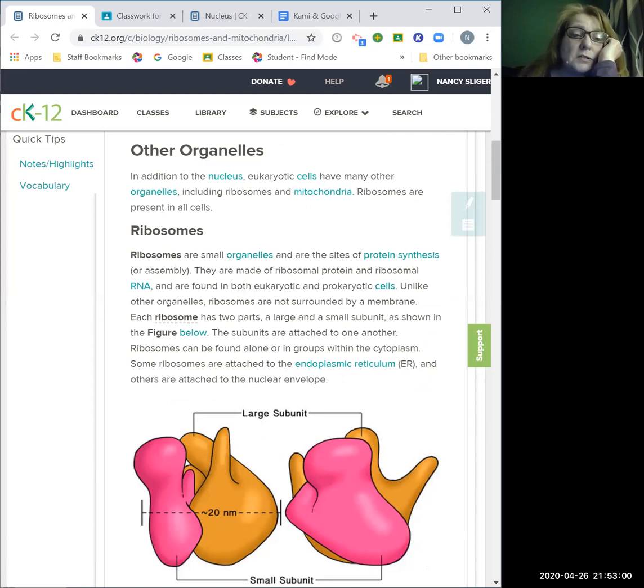So right now, you just need to know that the ribosomes are the sites of protein synthesis, and they may be attached to the endoplasmic reticulum. And some are attached to the nuclear envelope, but what you really need to focus on is the rough ER at this point. So now that's going to take us into talking about the endoplasmic reticulum.